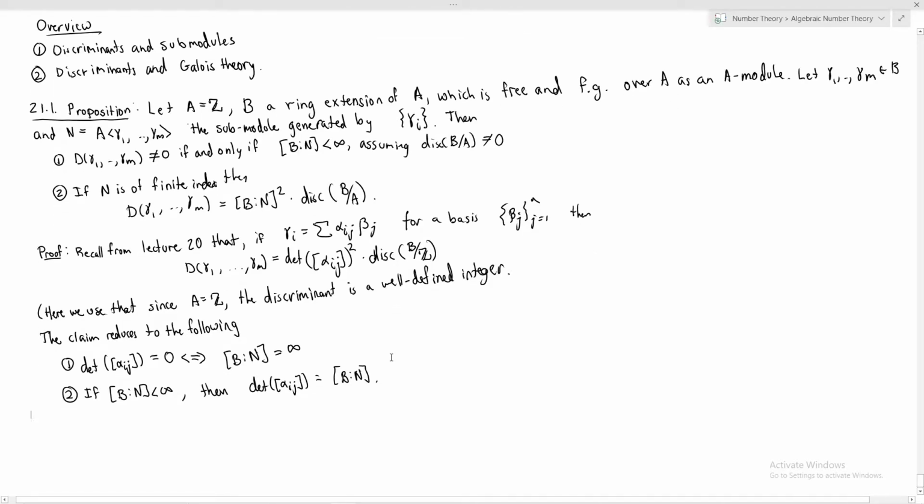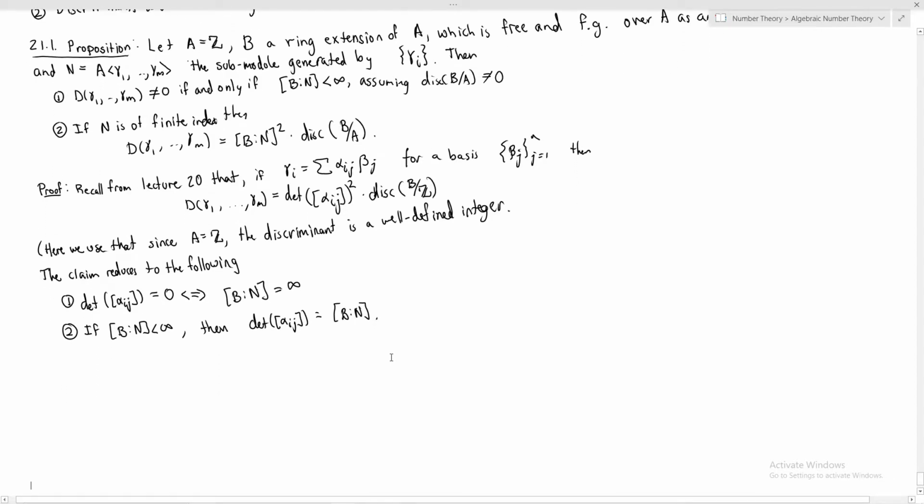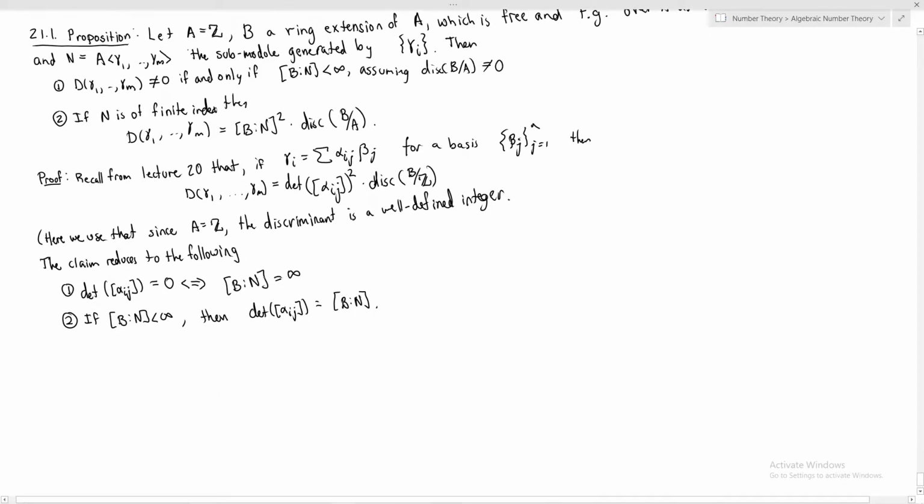Okay, so how do we see 1 and 2? Well, first let's focus on 1. Basically the idea is we have the following sequence of equivalences.